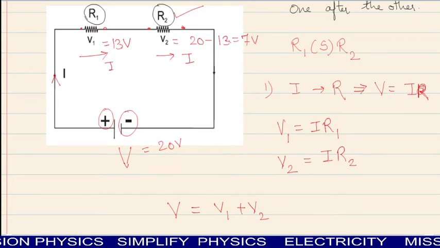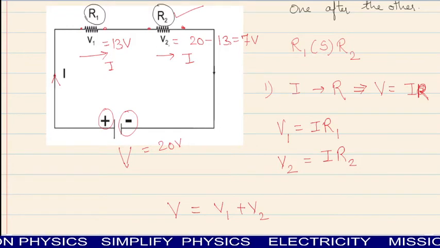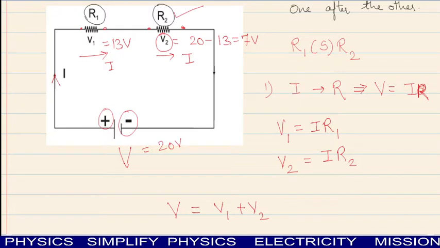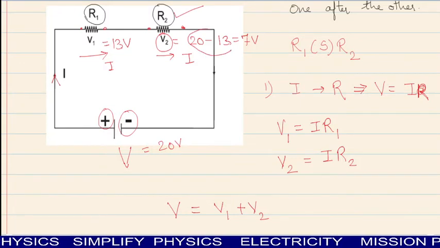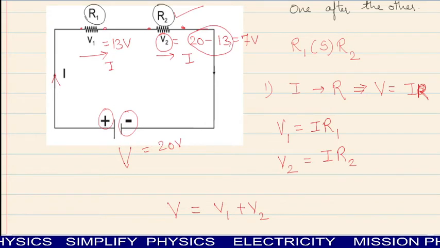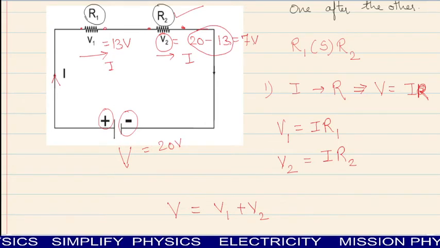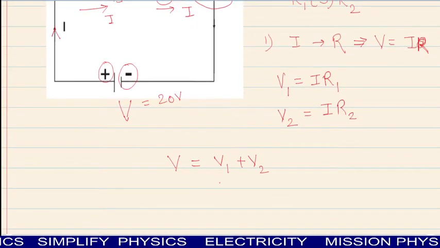So whenever in a combination of two resistors we want to find the second potential difference, we can find it directly by subtracting the first potential difference from the total potential difference. It means there is no need to apply Ohm's law again.